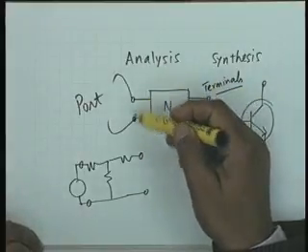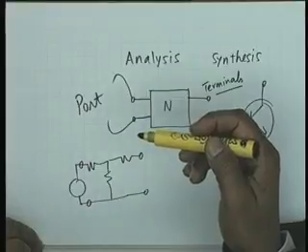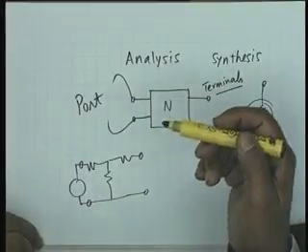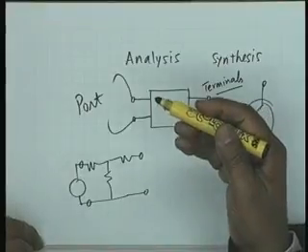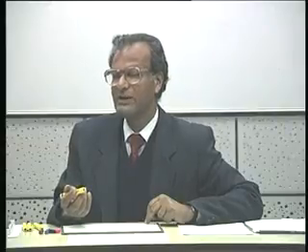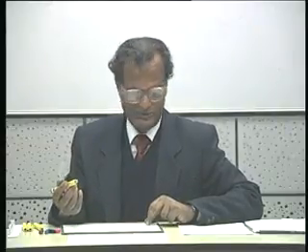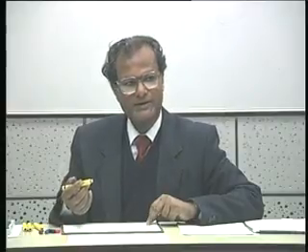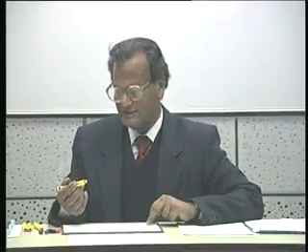That is, a port consists of two terminals to which an energy source can be connected or energy can be delivered to a load. So, port and terminals: the number of terminals sometimes is used to classify a network.